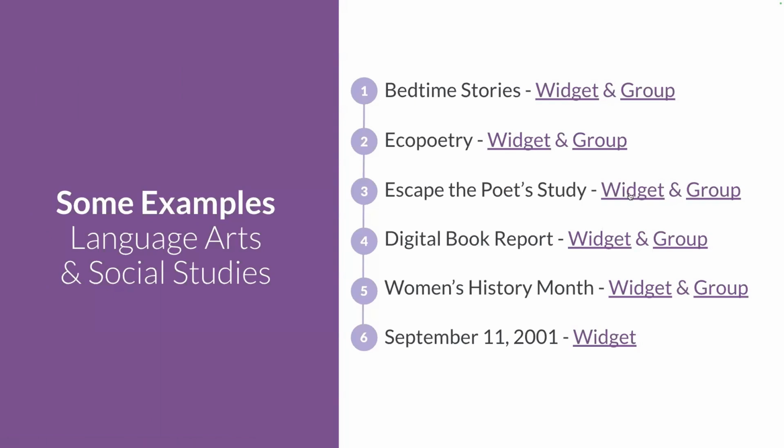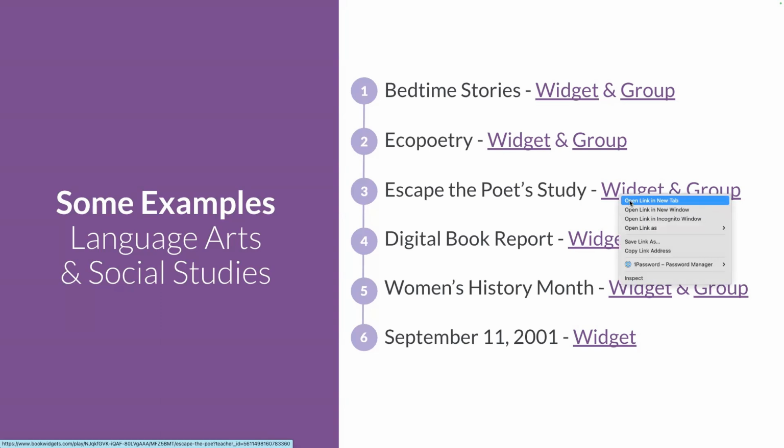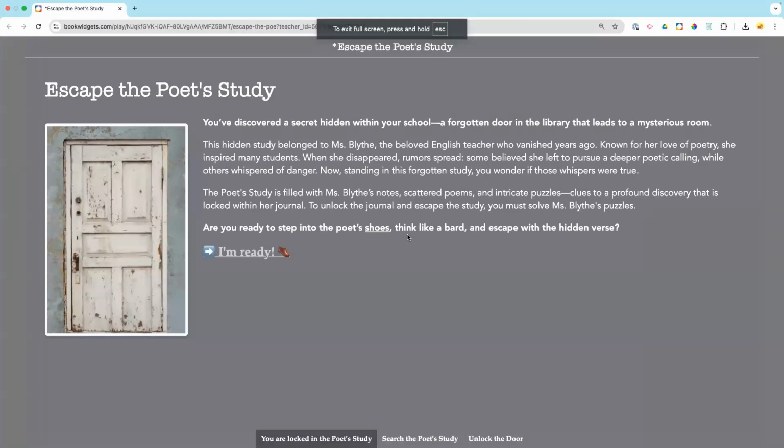Here's another ELA example. This one is an escape room that is also built in the webquest widget. This one is Escape the Poet's Study. The theme is an escape room, and we're looking at poetry. The students are locked in this study.